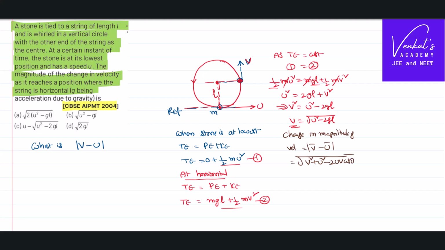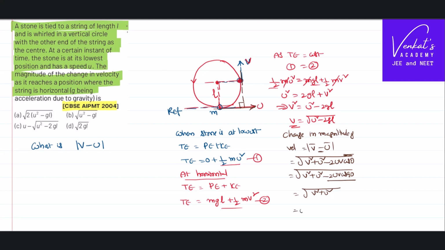Because it's a change, a minus comes. For a resultant, I would have written a plus. Between u and v, if we extend, the angle is 90 degrees. So it is root of v square plus u square minus 2uv cos 90, which is 0. It's simply root of v square plus u square.